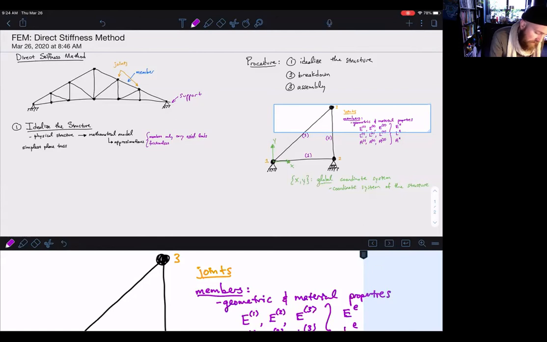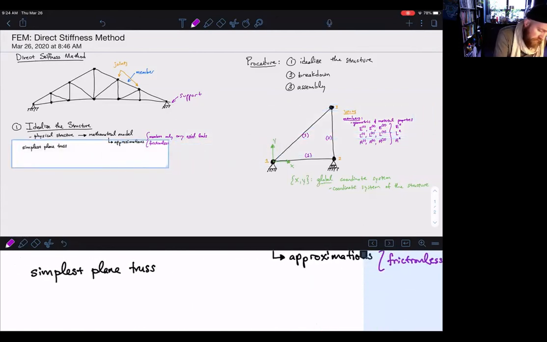So one thing you might recall back from statics with a pin jointed truss: externally applied forces and reactions can only act at the joints.